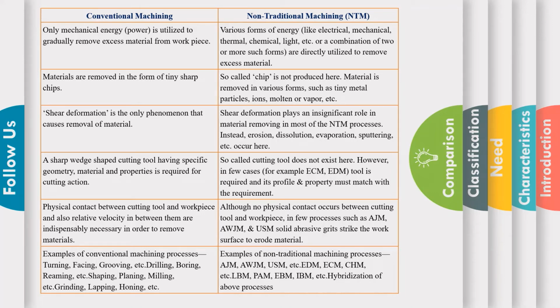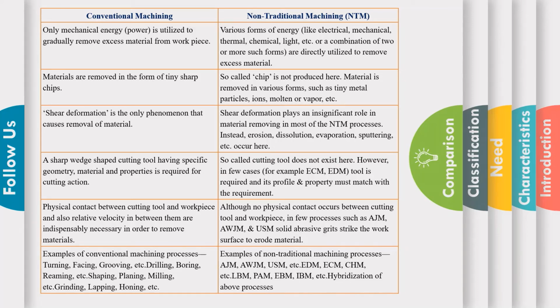In conventional machining, a sharp edge shaped cutting tool having specific geometry and material with its different properties is required for cutting action. In non-traditional machining, a so-called cutting tool does not exist. However, in few cases, for example ECM or EDM, a tool is required and its profile and property must match the requirement.